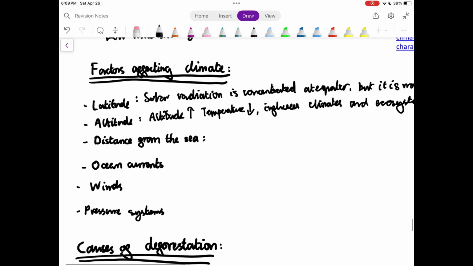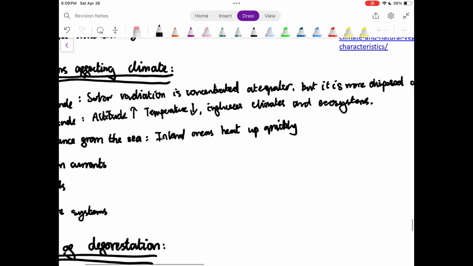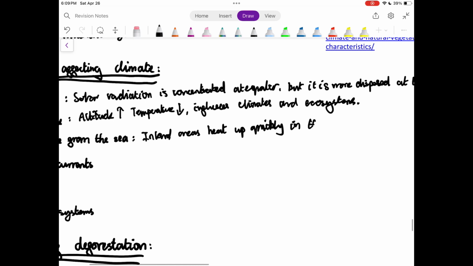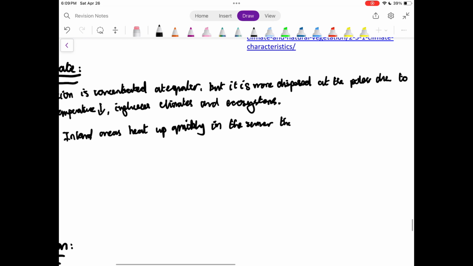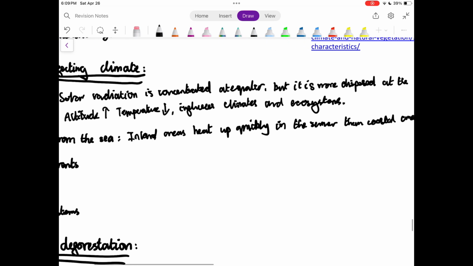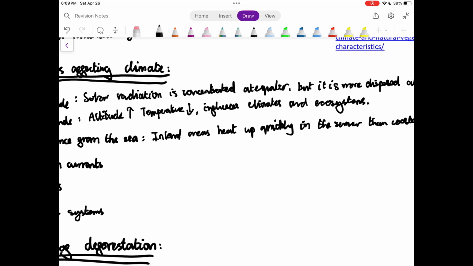The next factor is distance from the sea. Inland areas heat up more quickly in the summer than coastal areas, and they also cool more quickly in the winter.